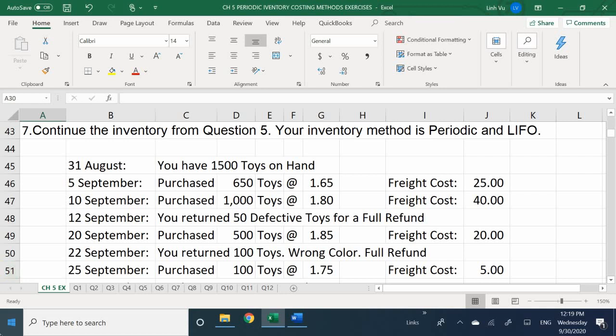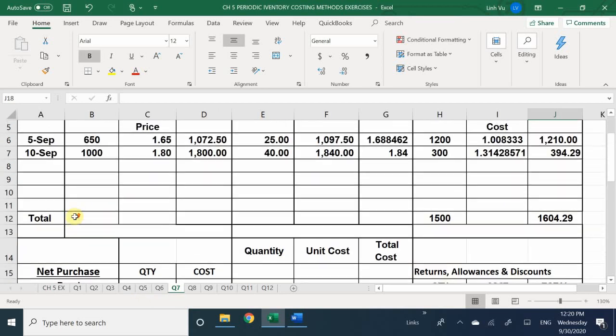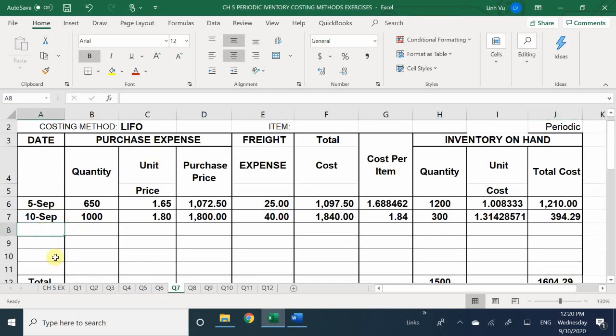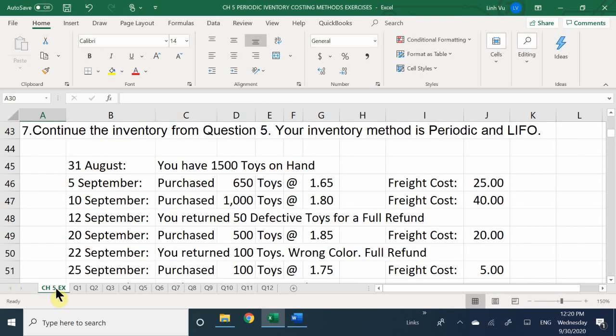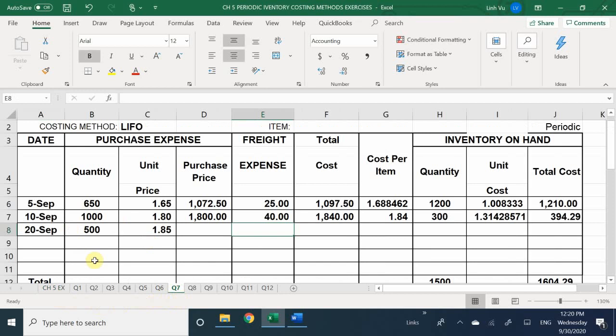So 500 at $1.85. So let me double confirm that. On September 20th, we purchased 500 toys at $1.85 with the freight of $25.